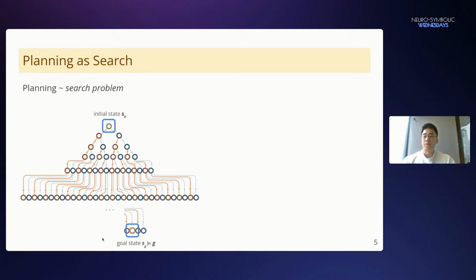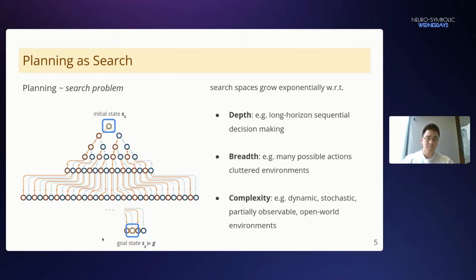We can also view planning as a search problem, because a planning problem induces a graph where we want to find a path from the initial state to a goal state. Search spaces generally grow exponentially with respect to depth, breadth, or complexity. With depth, we may expand the search space with longer-horizon problems requiring many more steps.